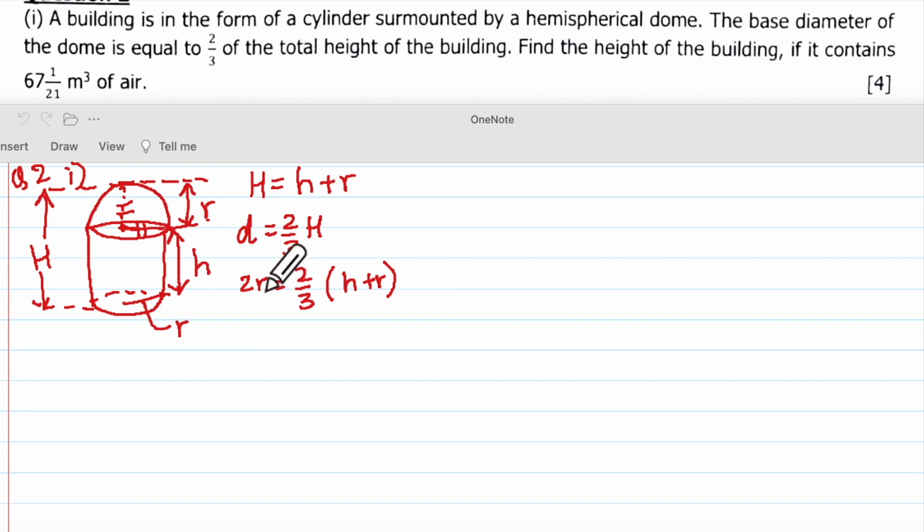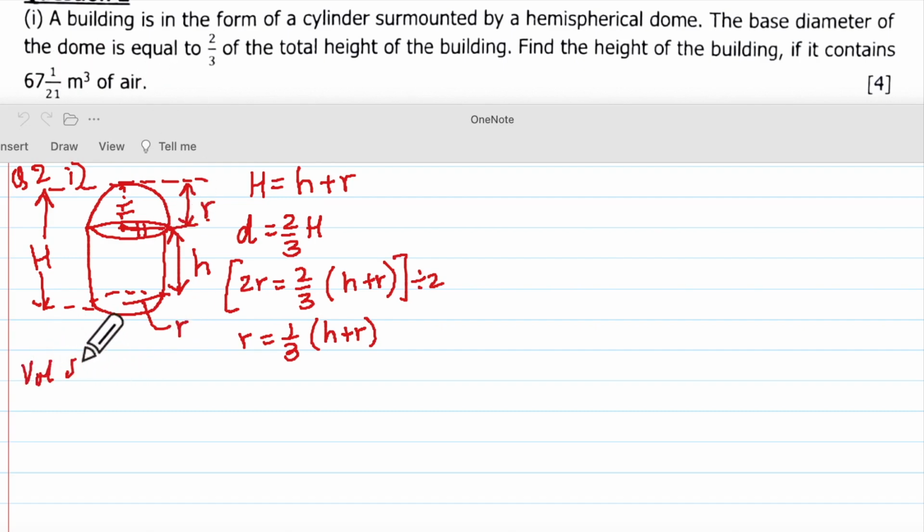Okay, so if you divide the whole thing by 2, what will you get? r equal to 1/3 of capital H plus r. Agreeable to you? Yes, ma'am. Okay. Once you have understood this, now the building contains blah meter cube of air.